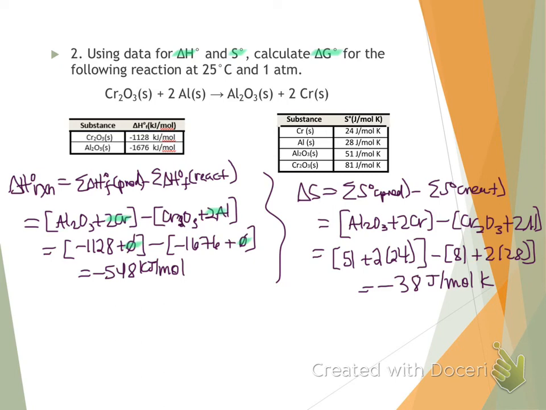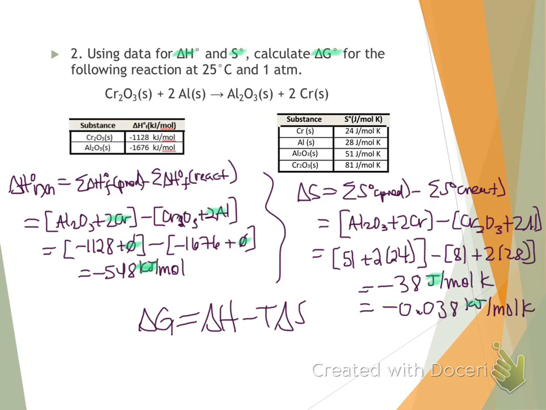To figure out our delta G and if this reaction is spontaneous or not, we're going to need to use our delta G equals delta H minus T delta S equation here. But remember, we have to make sure our units are matching. Delta H is in kilojoules, but delta S is in joules. We're going to need to convert that to kilojoules.